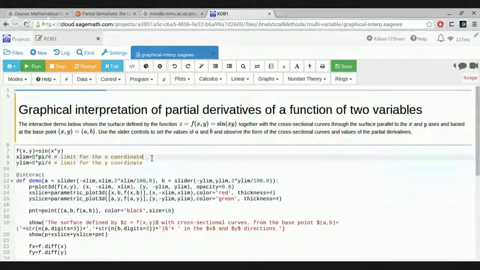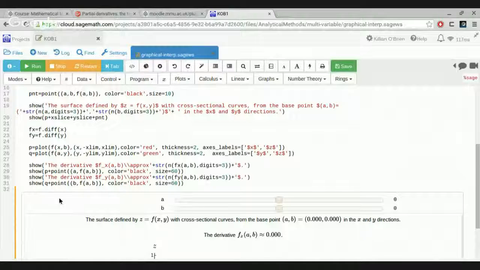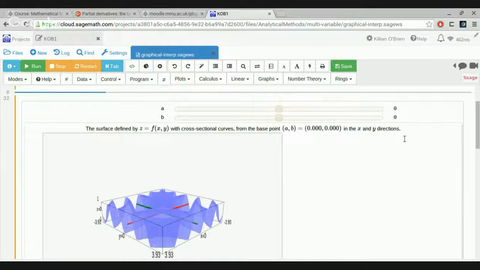It's a little demonstration of the graphical interpretation of these partial derivatives. This is done in Sage, but it's certainly something that you could reconstruct in MATLAB as well, yourselves.